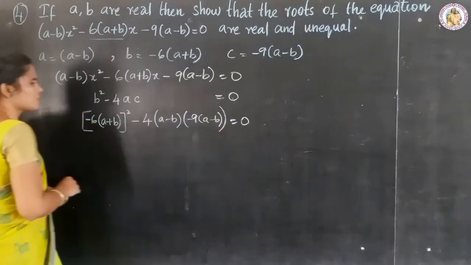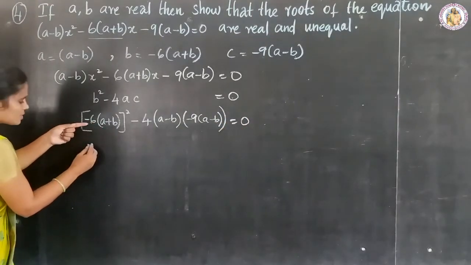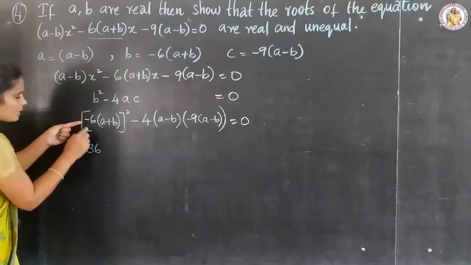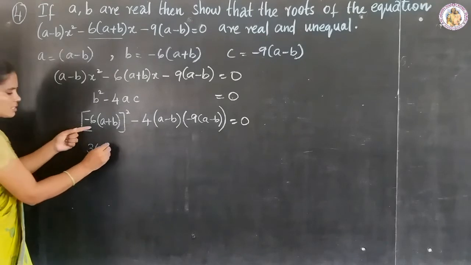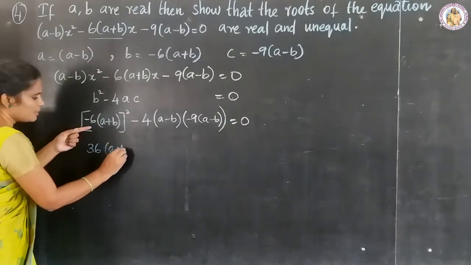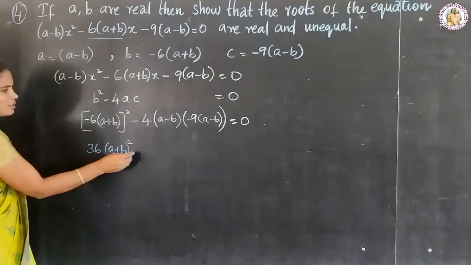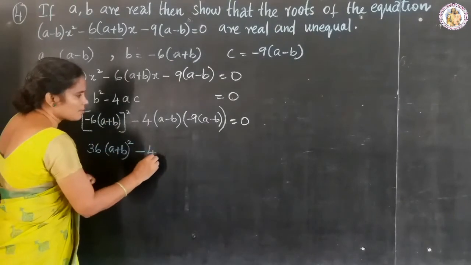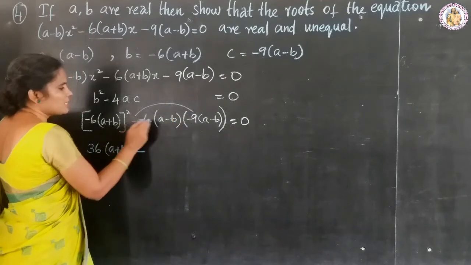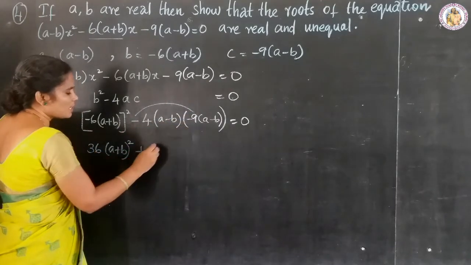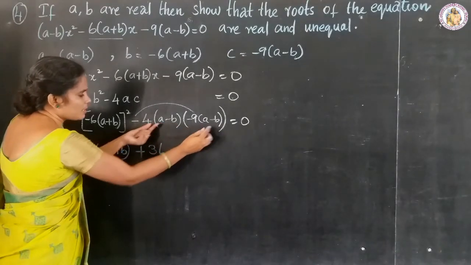Now the next step, 6 into 6 is 36, minus into minus is plus, hence it is given as a square. So 36(a + b)² minus 4 — now let us multiply 4 and 9, minus into minus is plus, 9 fours are 36, and here (a − b), (a − b).